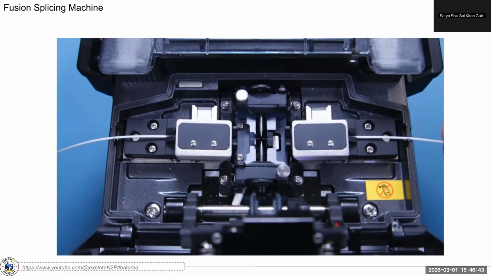Conversion matters, modulation matters. Because of that limitation, they couldn't exploit the full potential of the fiber. They started with 10, 100, 400 gigabit, 800 gigabit. Now in one single fiber, they can push 1 terabit.